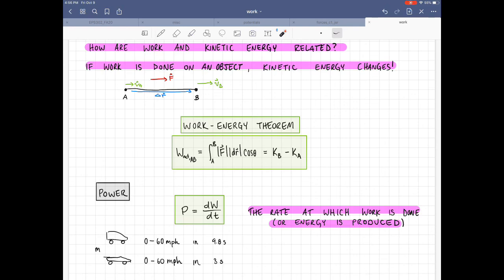Right. So the change in the kinetic energy for both cars is exactly the same. The Ferrari does it in a much smaller amount of time. So we would say the Ferrari is more powerful, or 3 times more powerful than the Prius.